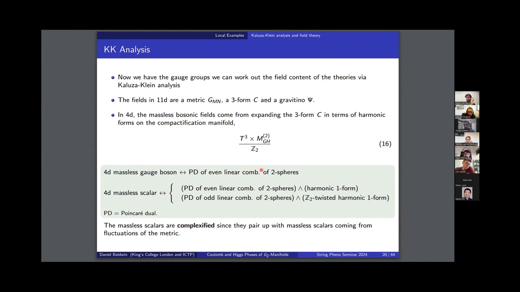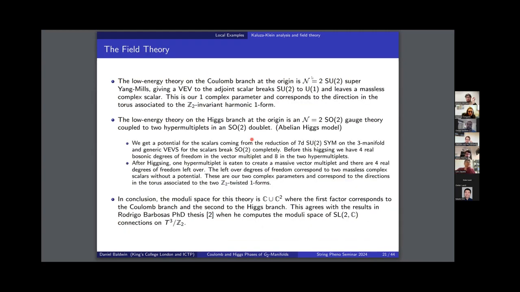Just to summarize the theories that we get after doing this: on the Coulomb branch, as I call it, at the origin we have N=2 SU2 super Yang-Mills. If we give a VEV to the adjoint scalar, we break SU2 to U1, and this leaves us with a single massless complex scalar, which was the one complex parameter on this Coulomb branch.